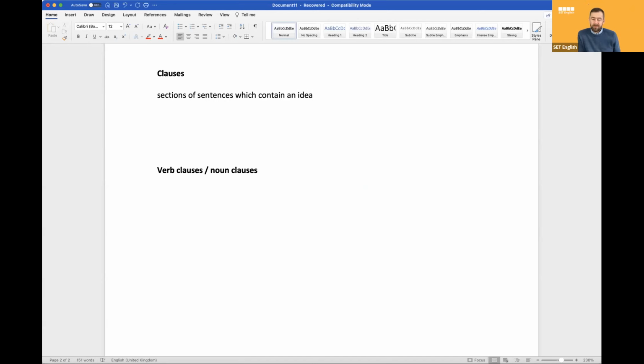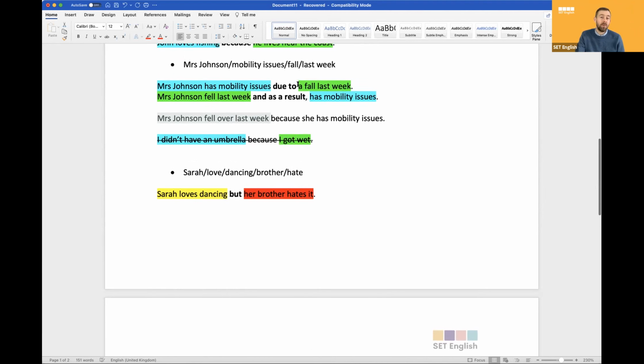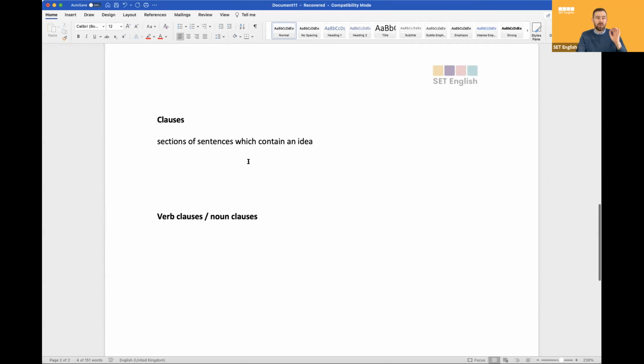It could be a noun. So see above for what I think an idea is. Her brother hates it. That's an idea. Mrs. Johnson fell over last week. That's an idea. A fall last week, in this case, is an idea. But this conjunction causes something different to happen. So clauses are sections of sentences which contain an idea.